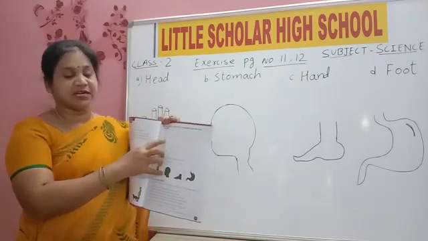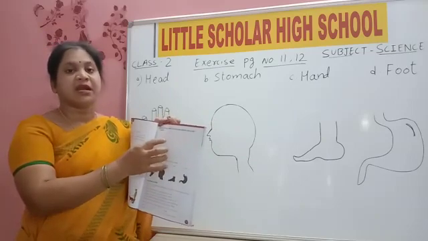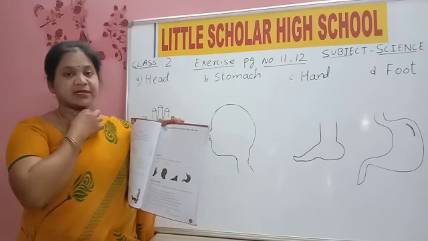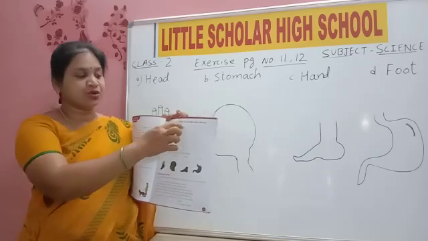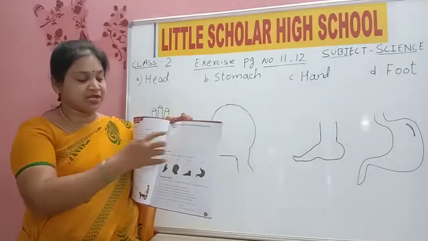You should do it neatly, children. Draw the picture of any boy and you can label the parts like eyes, ears, nose, neck, hands, fingers, leg.